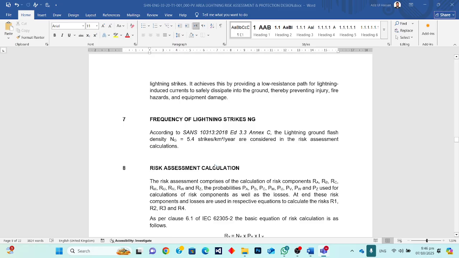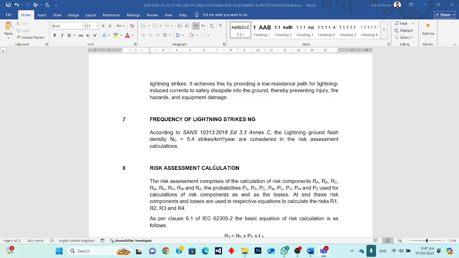Then we move on to the frequency of the lightning strike, NG. Basically, this is very important. When we are calculating our risk assessments, we have to check how many strikes, NG, there are in the area where I have calculated this. I have checked the South African standard. I will check again for the other countries, which standards will give us these calculation values.